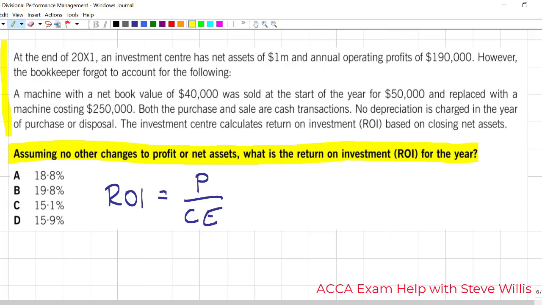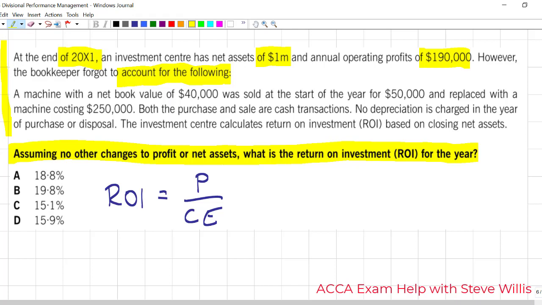Let's read. At the end of the year, an investment center has net assets of $1 million and annual operating profits of $190,000. However, the bookkeeper forgot about a couple of things. This is going to make an adjustment to both the operating profit and the net assets.